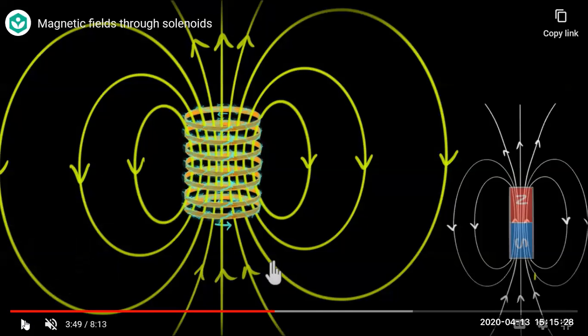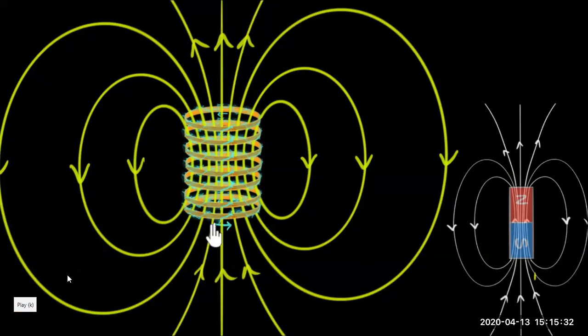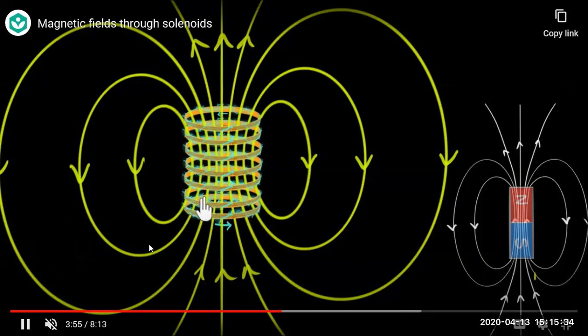So you can see that the pattern has become exactly similar to that of a bar magnet, and such a setup where you have copper wire wound in the form of a cylindrical tube is what we call a solenoid, right?